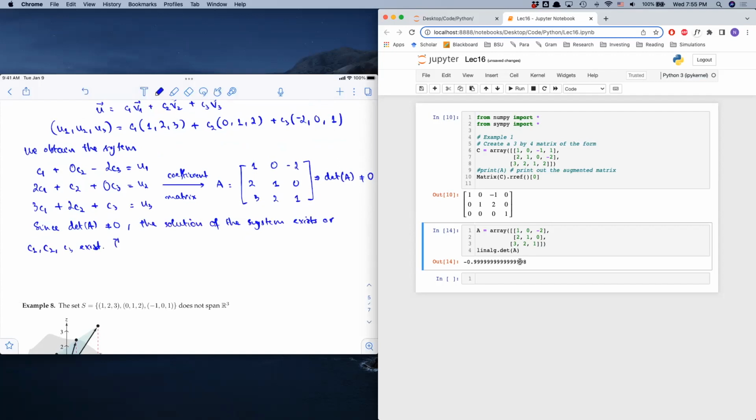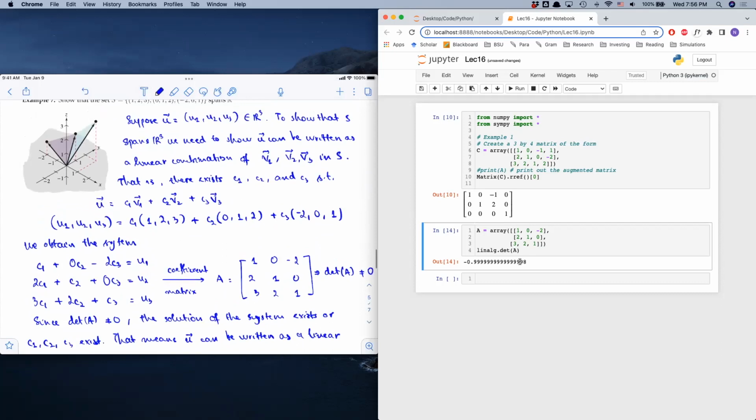And that means U in this case can be written as a linear combination of V1, V2, and V3. Okay, so that's it for this example.